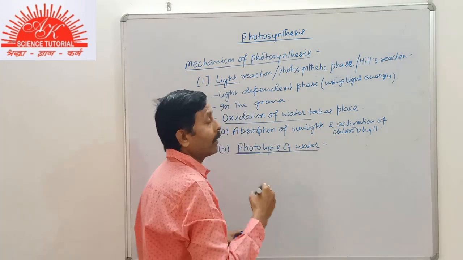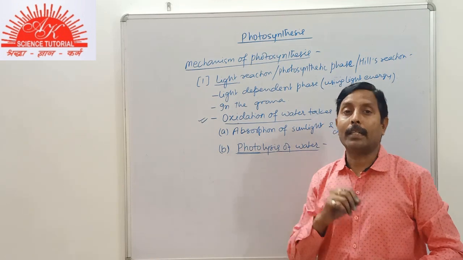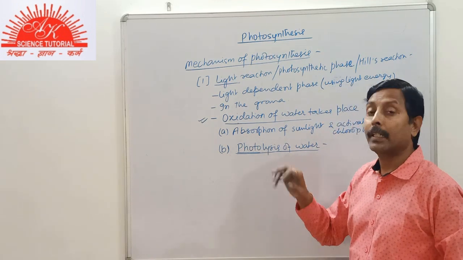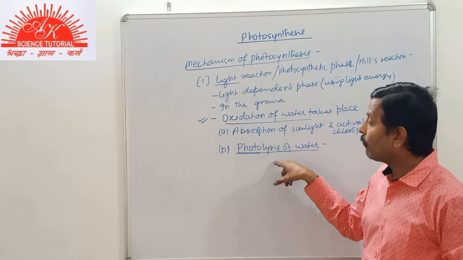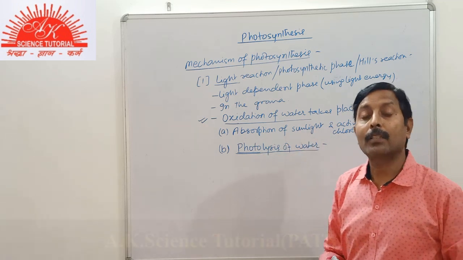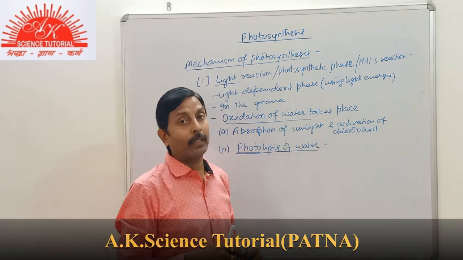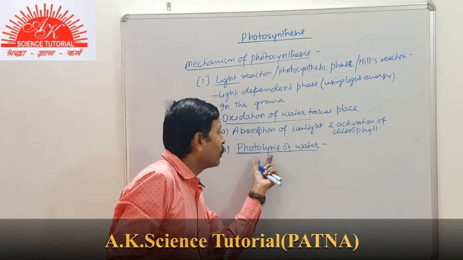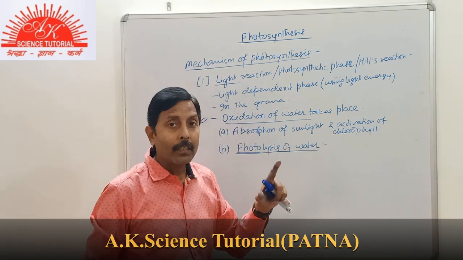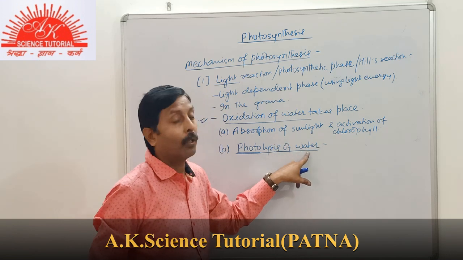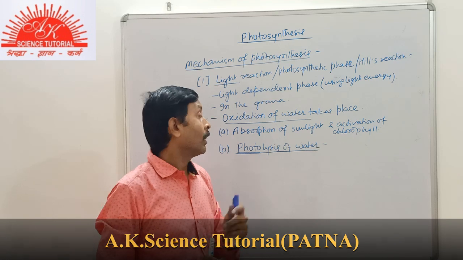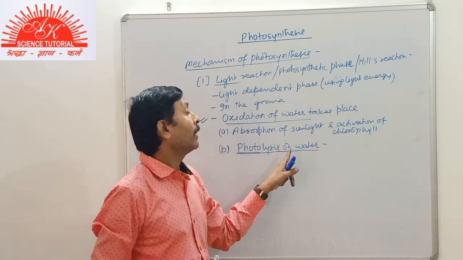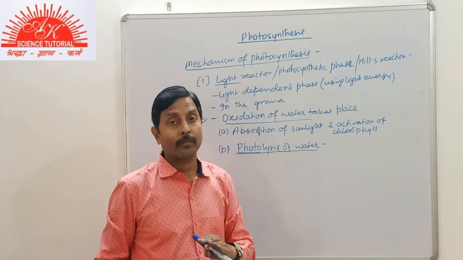As the name suggests, students, photo means light, lysis means a splitting or breakdown. So the water is broken down with the help of light energy, that is called photolysis of water. Suppose you have to define photolysis, then you write: a splitting of water molecule into H plus and OH minus ions with the help of light energy is called photolysis of water.